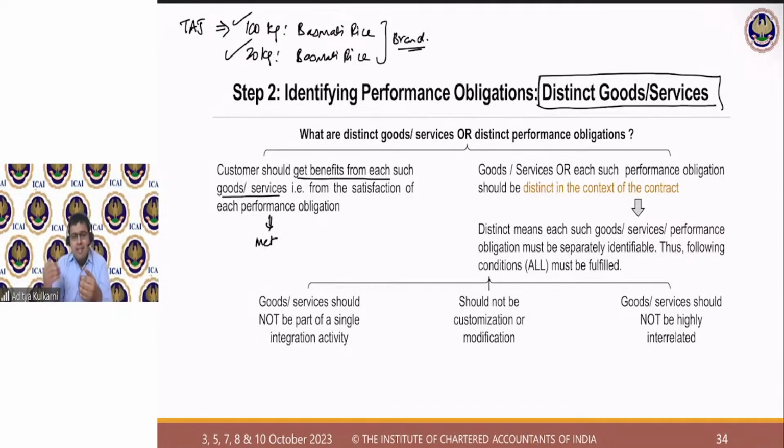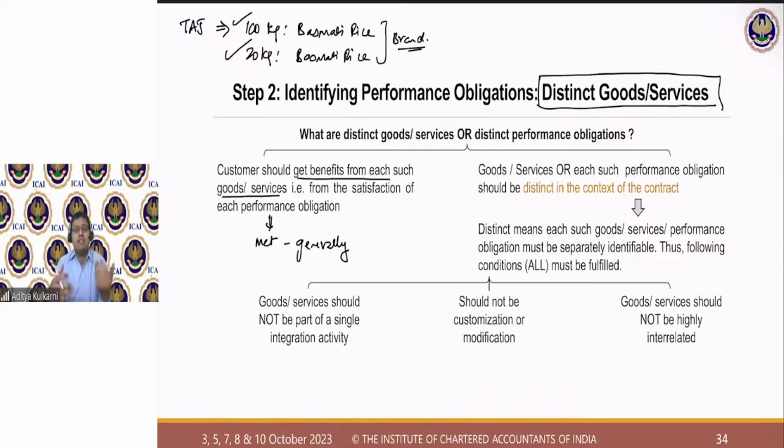The goods are the same, but orders are different. The goods are distinct in the context of the contract. So the first thing that you have to see is whether the customer gets benefit from each such goods or services. If yes, then we look at the next case. So in most of the cases, this is generally met. There is no doubt about it. Sir, why no doubt?